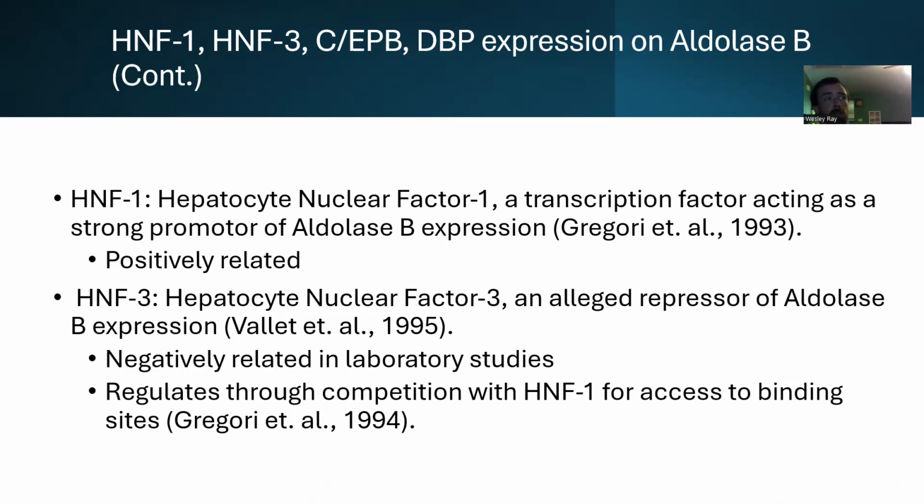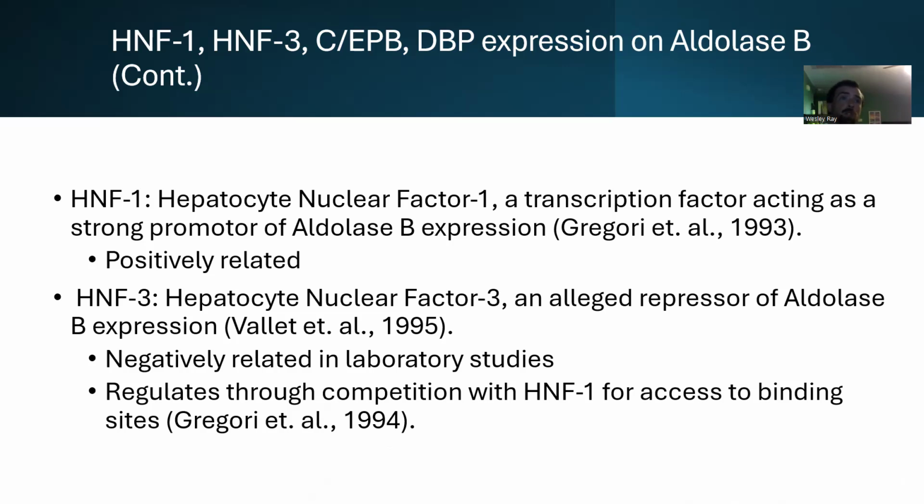If HNF1 wins that competition, you're going to have an increased expression of aldolase B. But because HNF3 is such a weaker promoter, if HNF3 is overexpressed, you'll begin underexpressing aldolase B. It is still a promoter, but when compared to HNF1, it's not a very good one. It's not a very strong one.